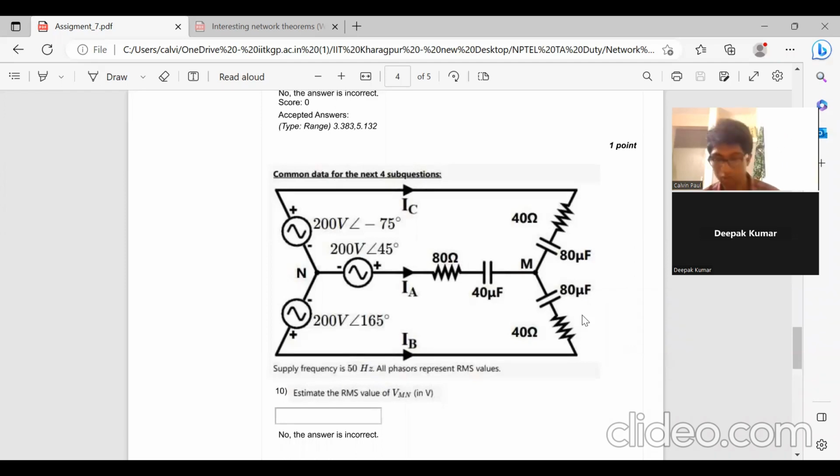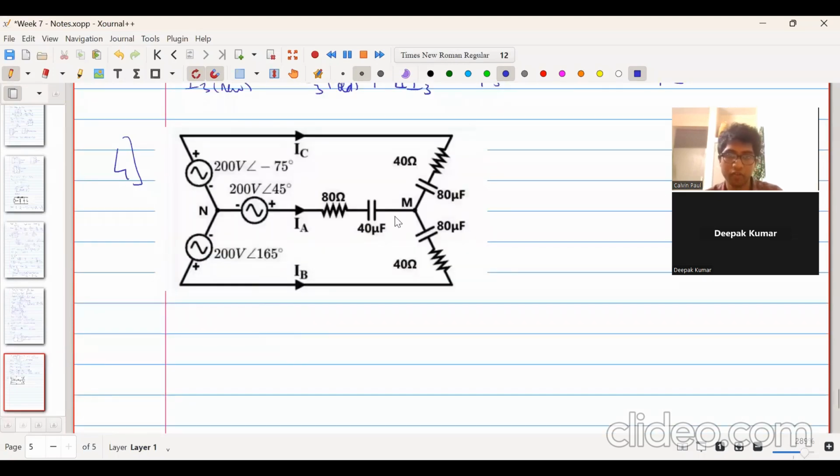So we will consider that method. We will get VMN, the voltage over here with respect to N. We'll assume the currents to be flowing in this direction, outward.